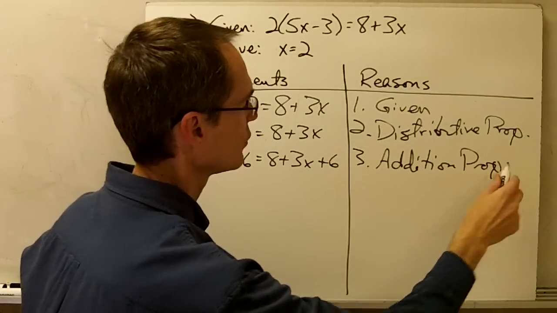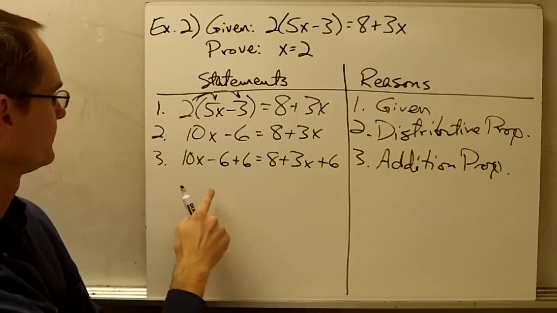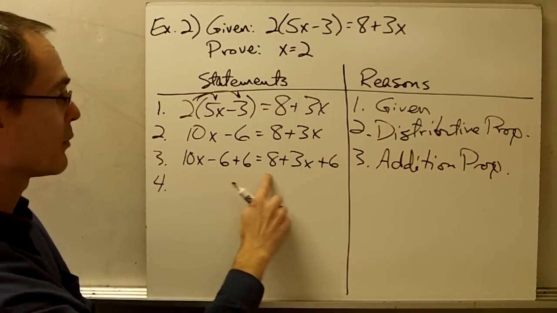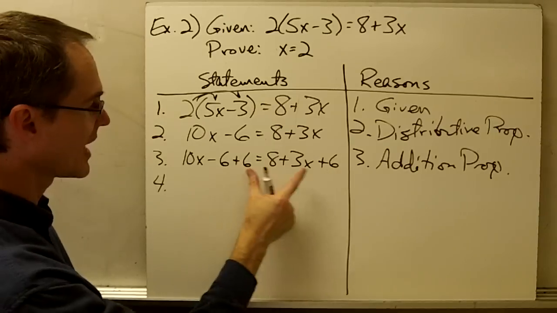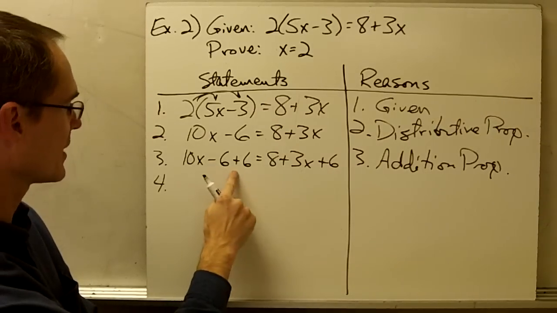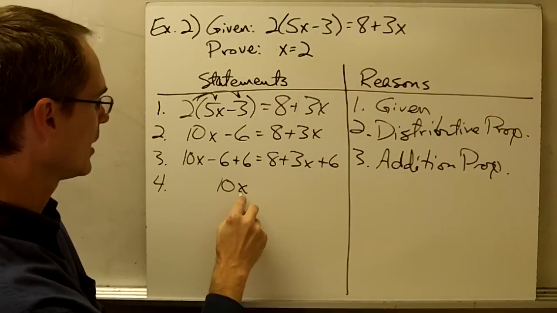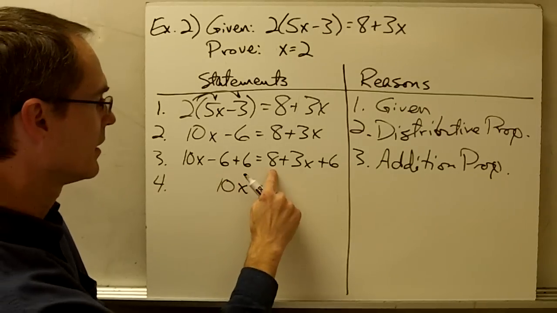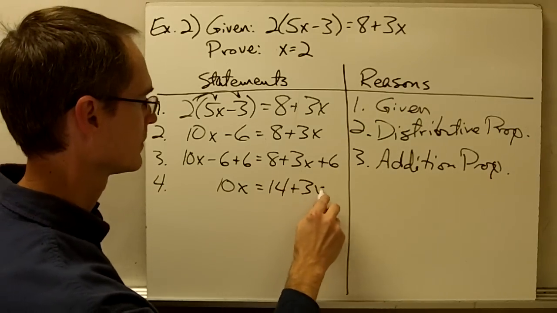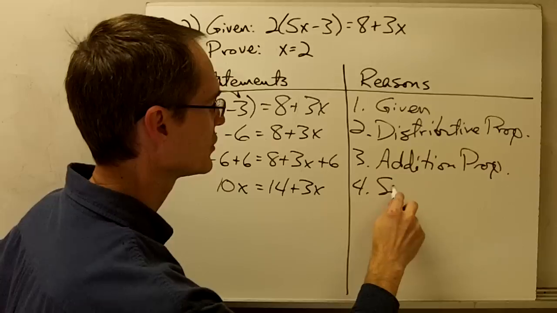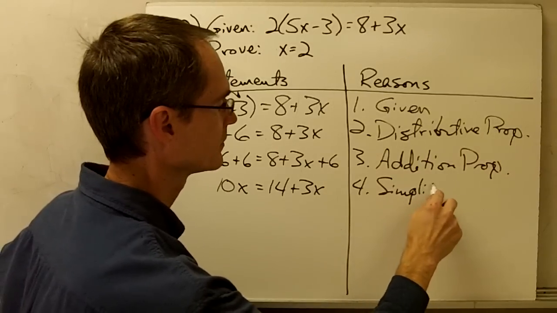So that's going to be my reason for step number 3. Next thing I want to do is simplify. I want to combine these like terms here. So negative 6 and 6, that means those 6's go away. I'm left with 10x on this side. My 8 and my 6 combine here to give me 14. And I've just used the simplifying property.